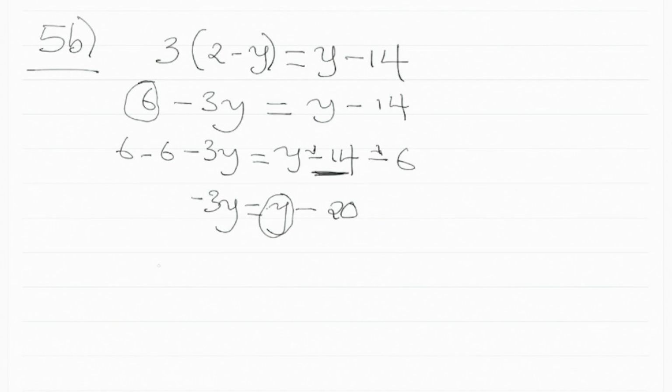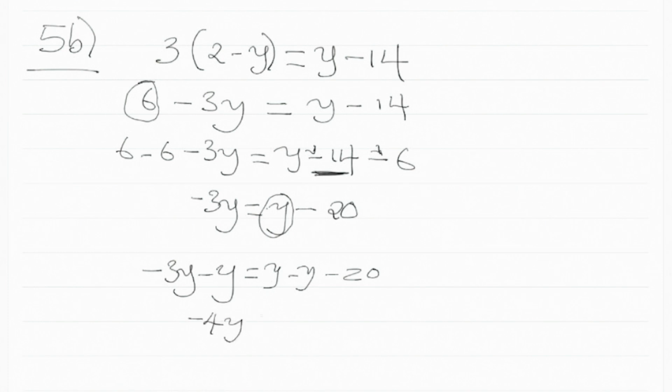So we need to get rid of this y from this side. Using the additive inverse, we'll have negative 3y, the additive inverse of y is minus y, is equal to y minus 20. So this gives us minus 3y minus y.